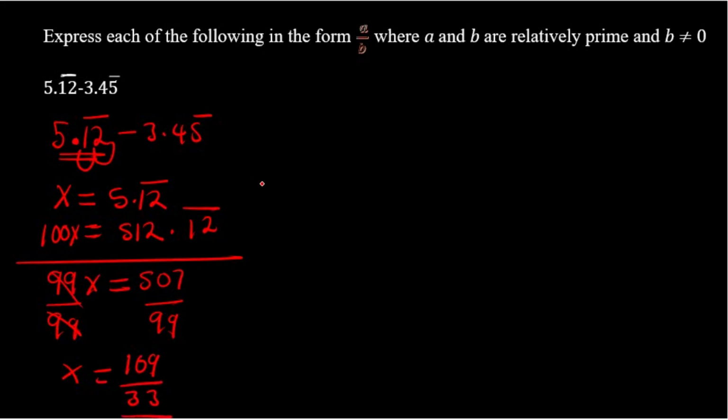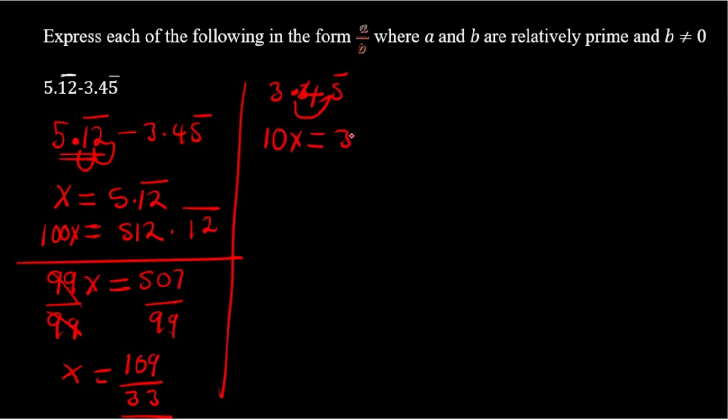Okay, so you also do the same thing to the other one, which is 3.45 repeating. Here, check where the point is. If you check, you shall see that the point is very far away from the repeating number. So what you do, you get this point in front of the number that is repeating. You move how many times? Just 1. So the first equation is 10x equal to 34.5.